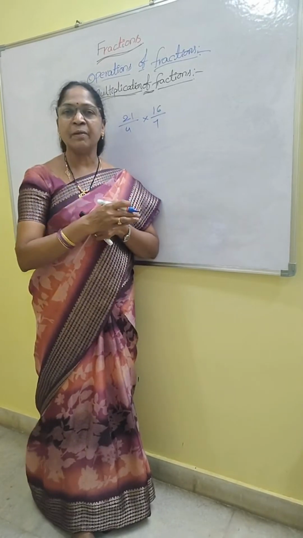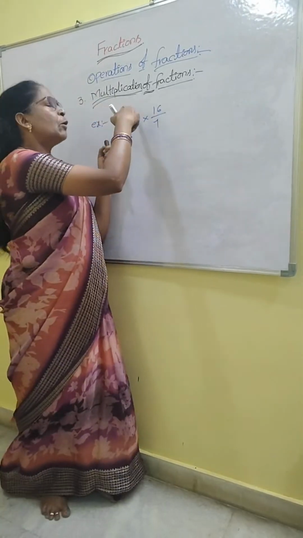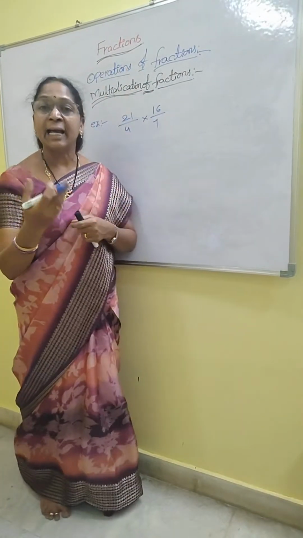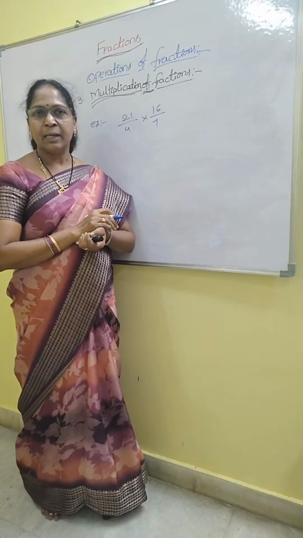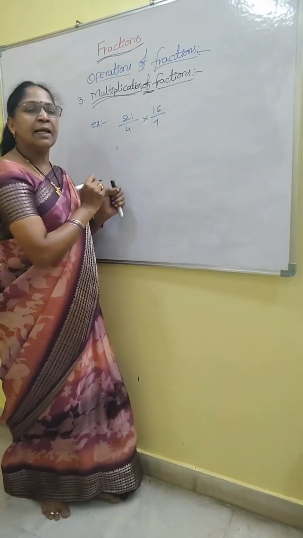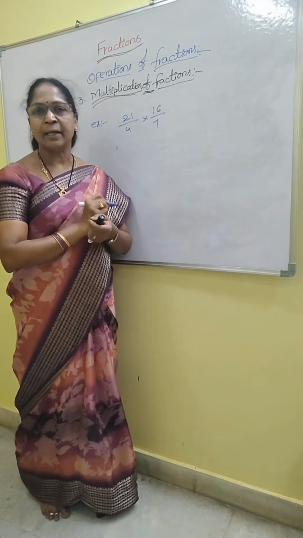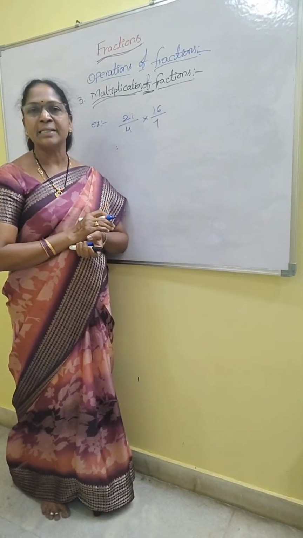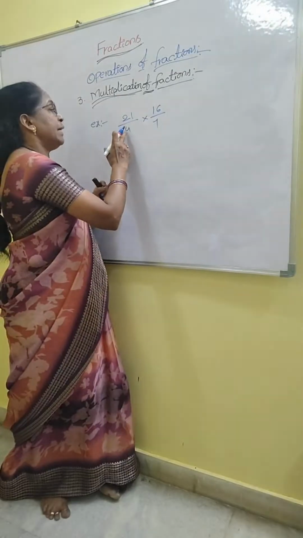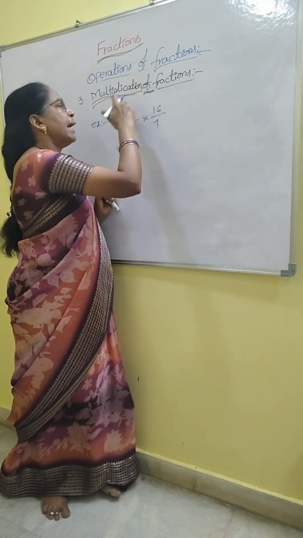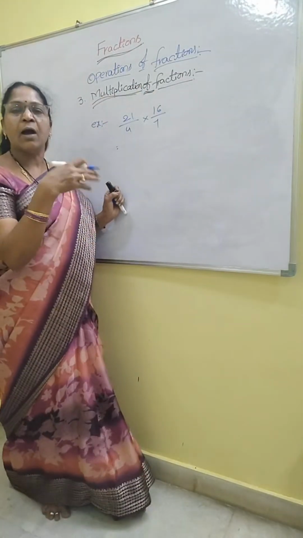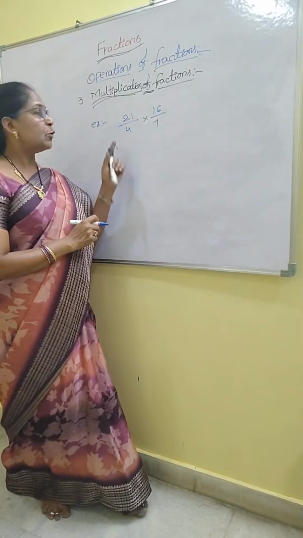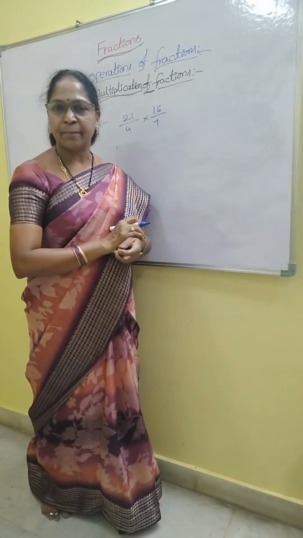How can you simplify? The numerator with the denominator term or the denominator with the numerator term, you can cancel the numbers. How can you cancel? That means you should know the tables. If you know the table, then easily you can cancel the numbers. That means if this denominator goes in either numerator, then you have to check it. Does 4 go in 21? 4 is an even number.